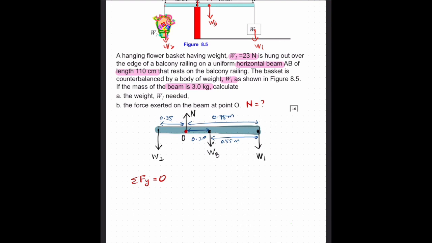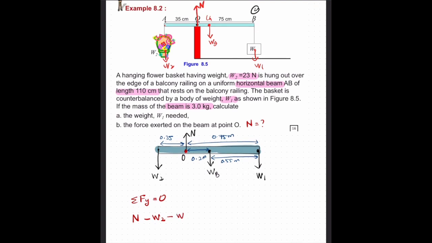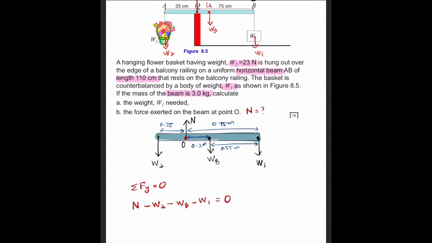Then for Fy, we have N minus W2, WB and W1, which are in the negative direction: N minus W2 minus WB minus W1 equal to 0.